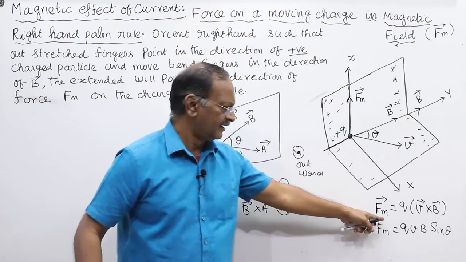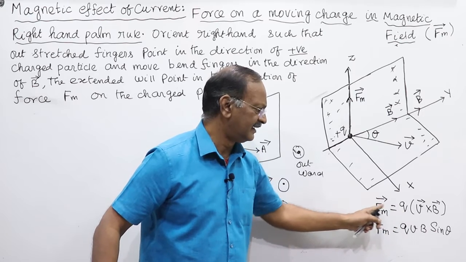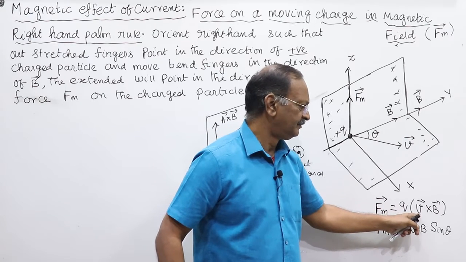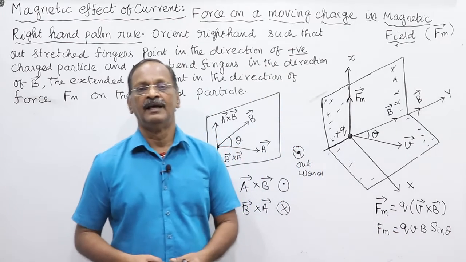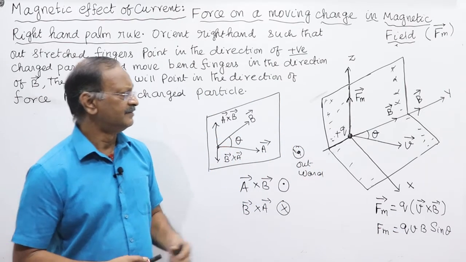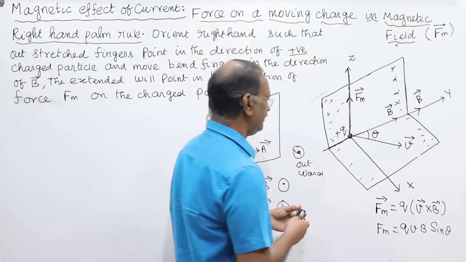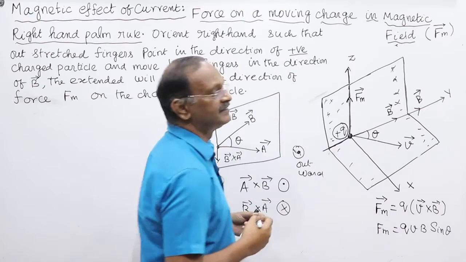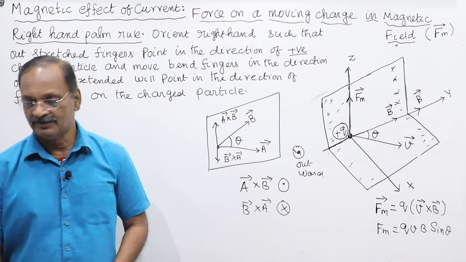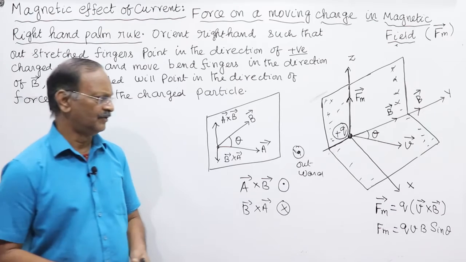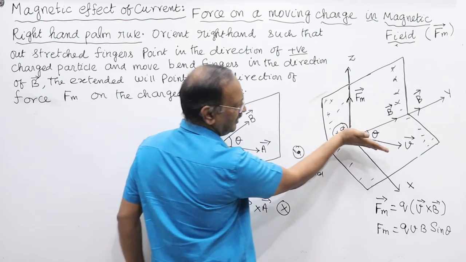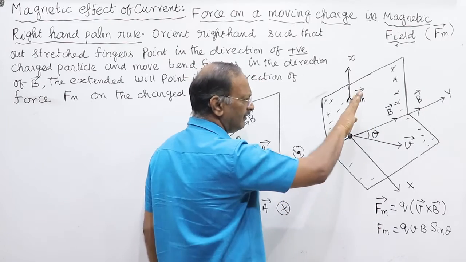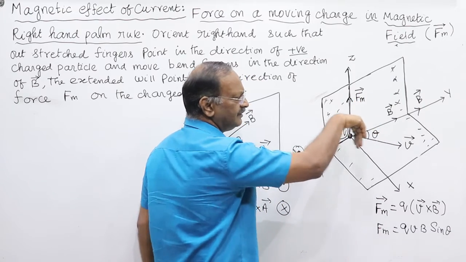See, F magnetic force is a vector, equal to charge, which is a scalar, multiplied by V cross B. So now another question comes, the charge may be positive or negative. First we will deal with the positive charge. Q V cross B. Suppose you are moving from V to B, it is outward, or V to B inward.